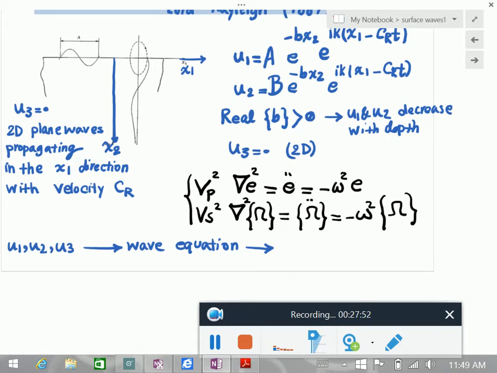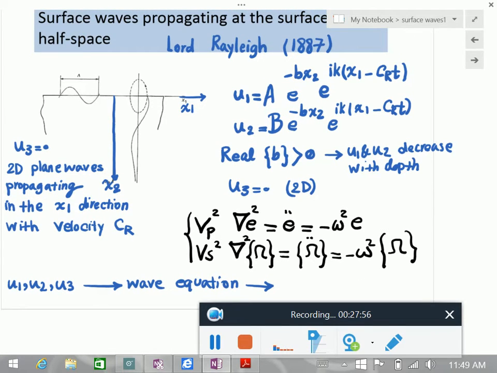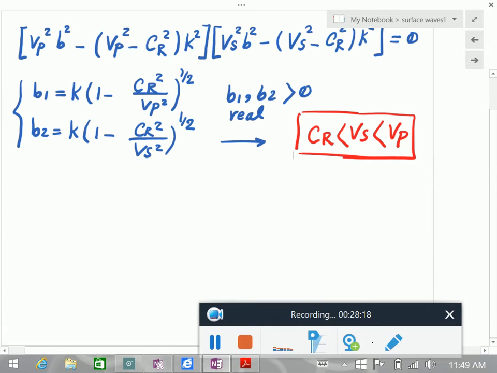Now, I'm giving you U1 and U2. From U1 and U2, you can calculate a strain. You are still linear elastic, so you can calculate a stress and put it here. And if you do that, and ensure that we are looking for a non-trivial answer, that means A and B not equal to 0, which is an obvious answer, then we get into this equation. I have skipped all of that.